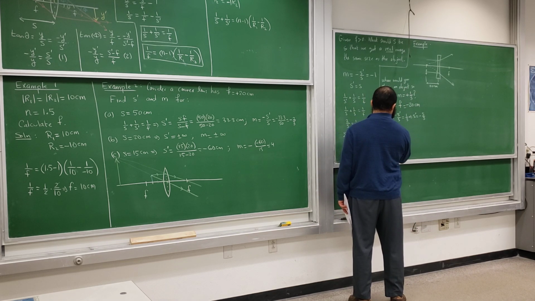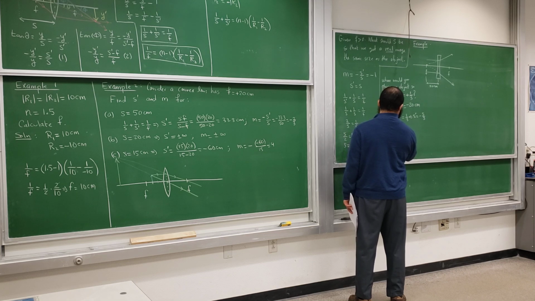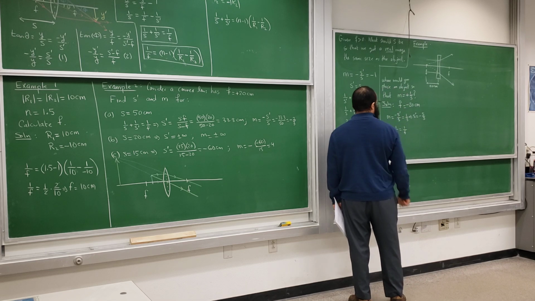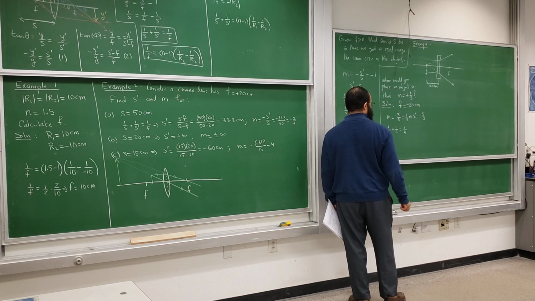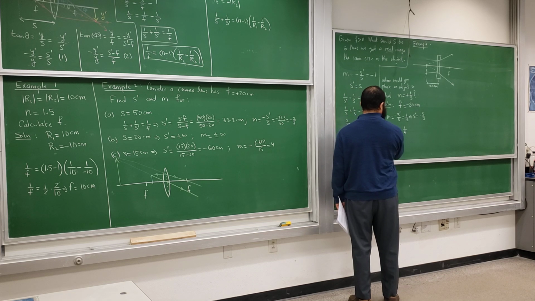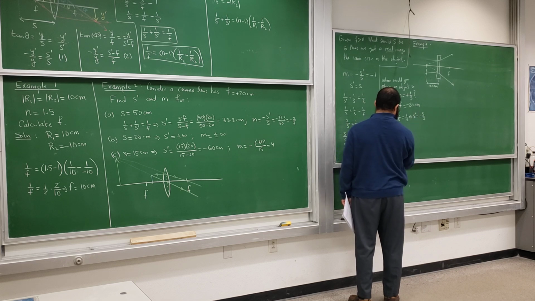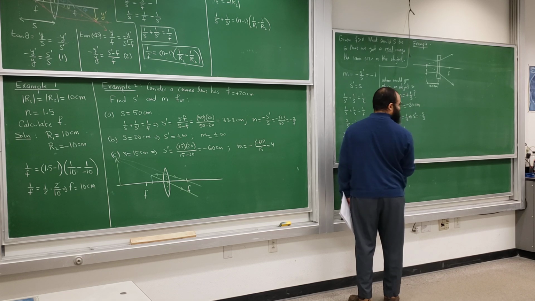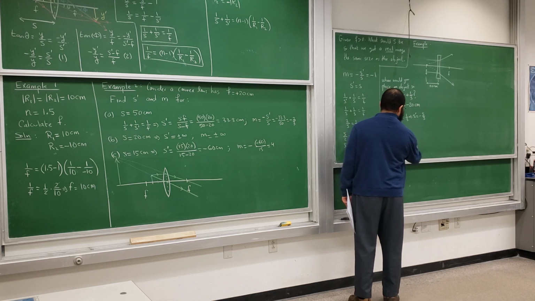So 1 over S prime plus 1 over S is equal to 1 over F. What's 1 over S prime? It's 3 over S, but negative, right? So I would have here minus 3 over S, because of the inverse of that, plus 1 over S is equal to 1 over what? Minus 20, right?